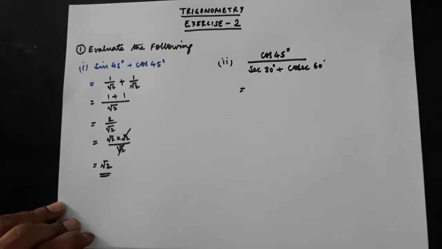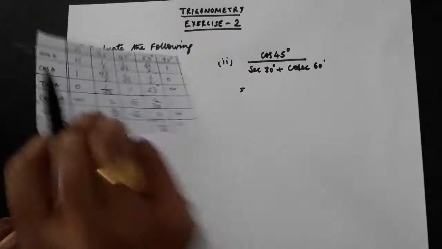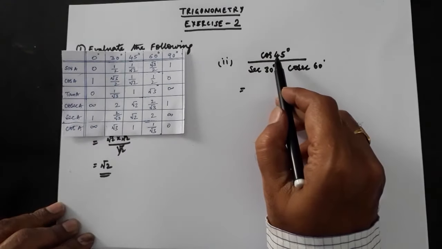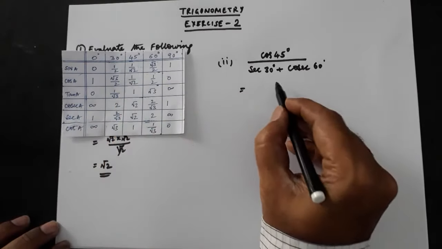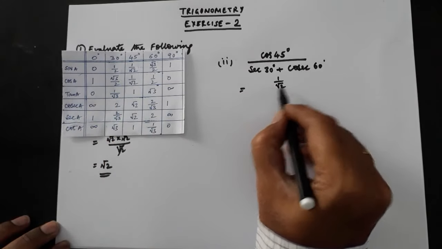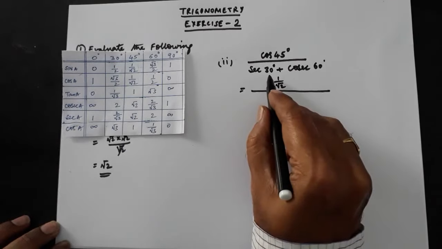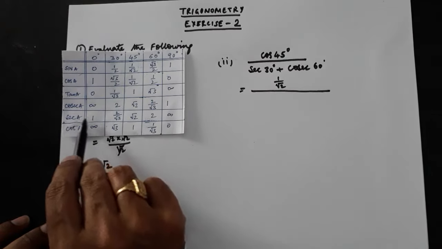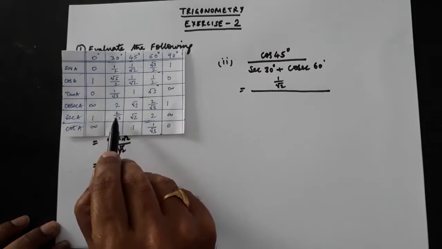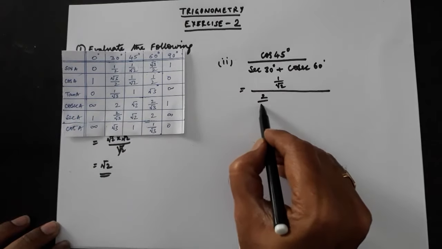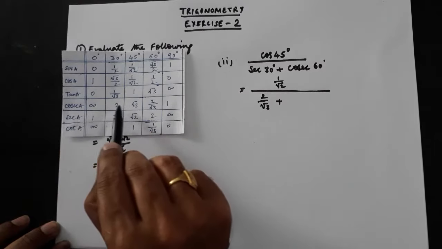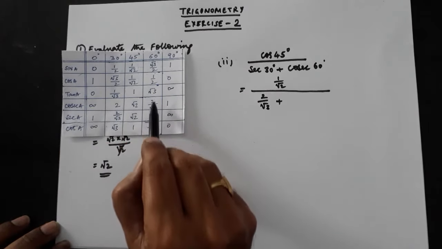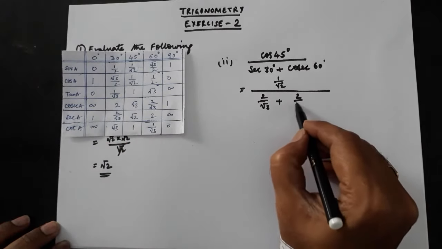Okay, so again, what is cos 45? Cos 45 degrees is 1 by root 2. So what is sec 30? Sec 30 is 2 by root 3. Plus cosec 60. Cosec 60 is 2 by root 3.